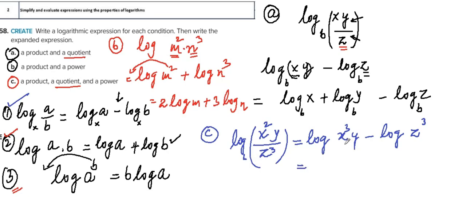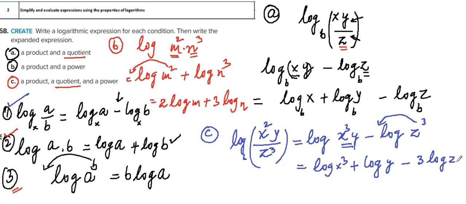Now here we will use the product rule, a into b, the second one, log a plus log b, and the power will come in front, which will become 3 log z. So we get 3 log x plus log y minus 3 log z. So this is how we are going to do these three questions.